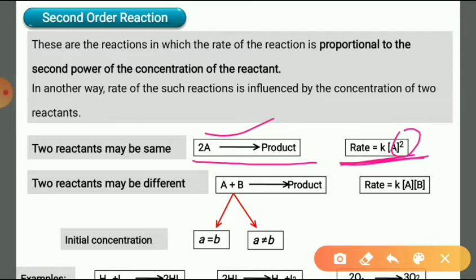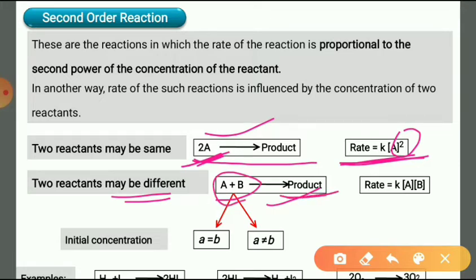In another case, the two reactants may be different. For that we have taken one example here: molecule A and molecule B take part in the reaction to give the product.